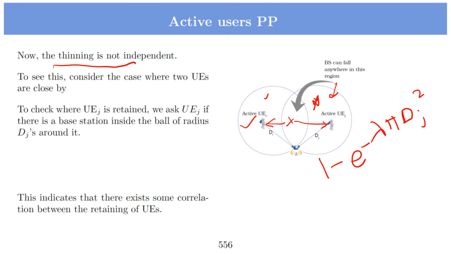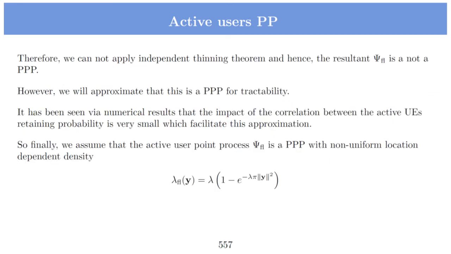So the activity of UE i puts some correlation on the activity of UE j, and because of that, the activity is not independent. So the thinning which is done based on the activity is not independent. Hence, the resultant Phi is not a PPP.